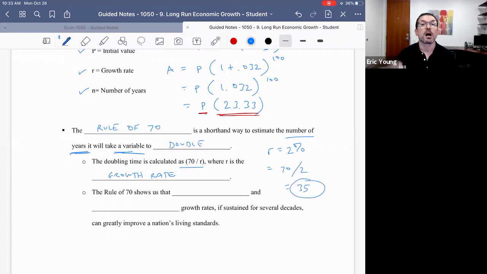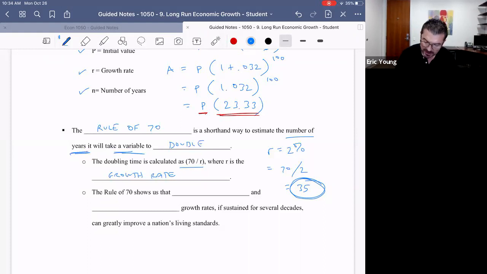This means the economy's size, its income, its wealth, technically its real GDP per capita, will double in 35 years, which means this economy will basically double in size almost every generation. While that might not mean much in one generation, if it can be sustained across multiple generations, you're going to get really big growth.